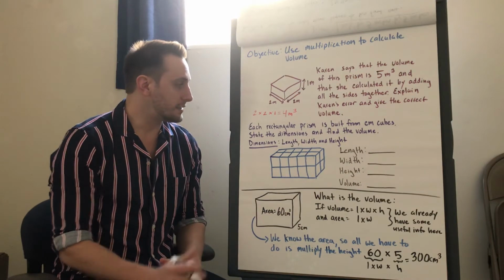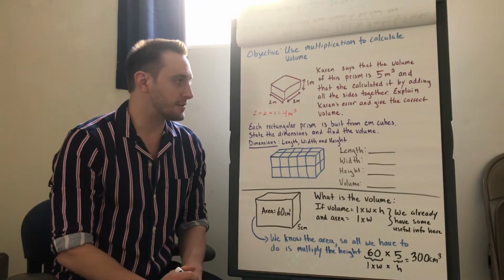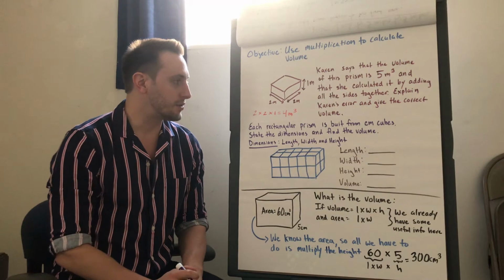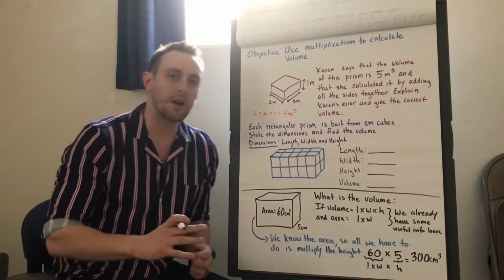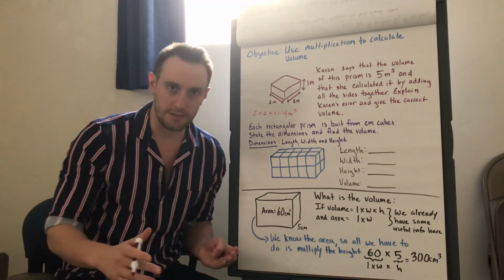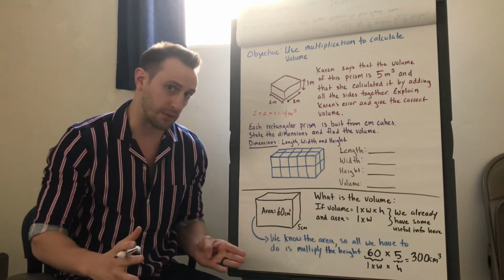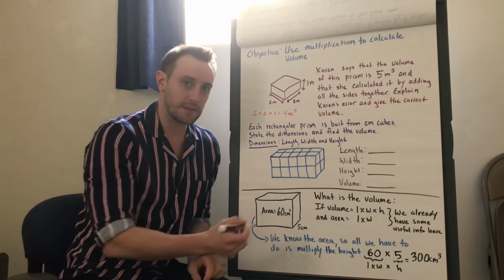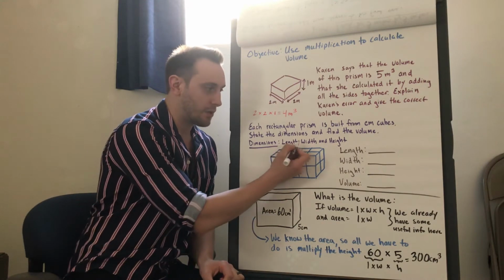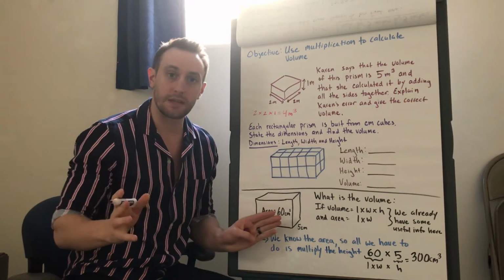It says, each rectangular prism is built from centimeter cubes. State the dimensions and find the volume. What are dimensions? It's a new math vocabulary word. The word dimensions is simply length, width, and height. That's all dimensions means.